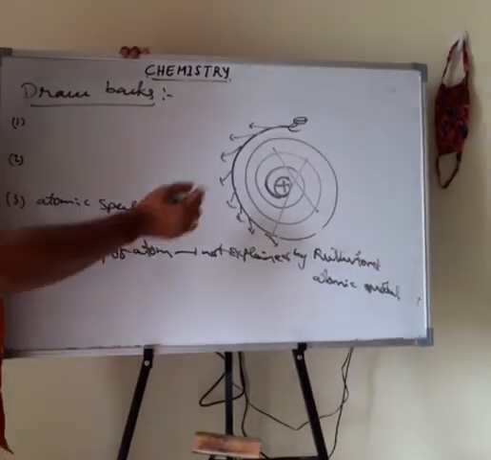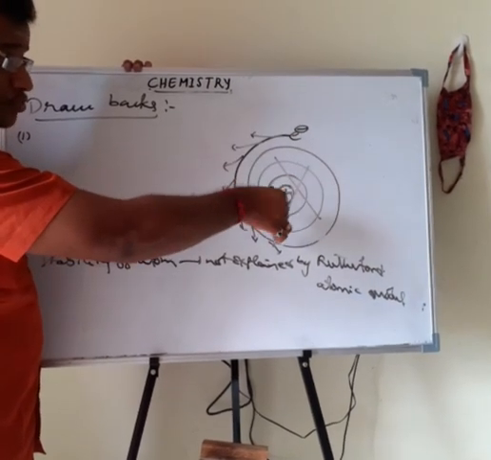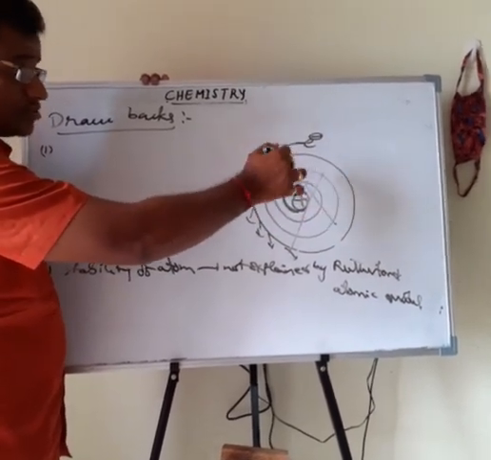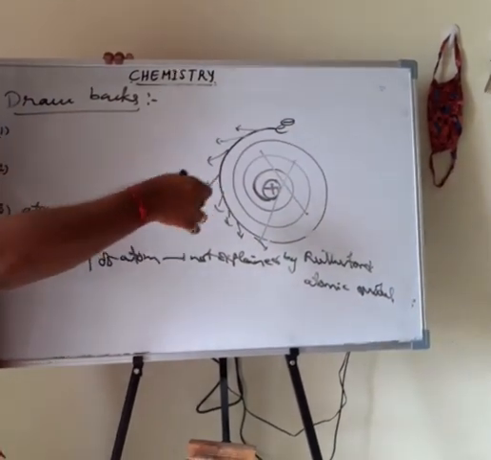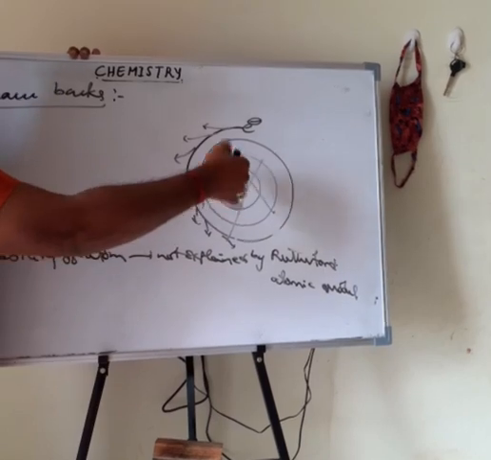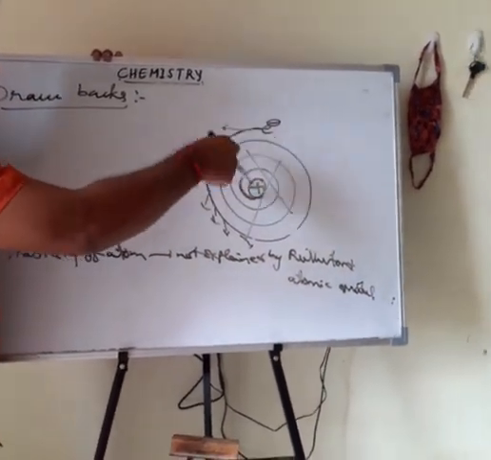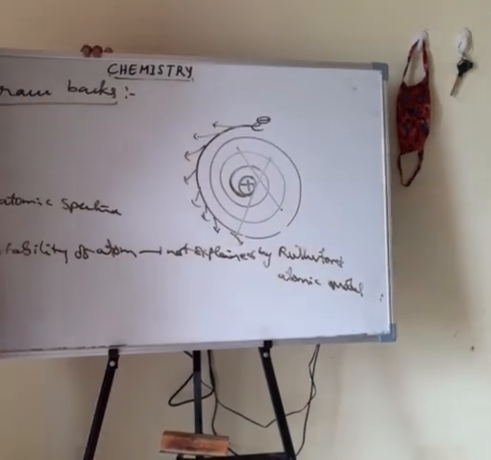Why? According to classical electrodynamic theory, any charged particle moving in a circular path emits energy continuously, finally moves toward the nucleus and falls into it. The atom should collapse. But here this type of energy radiation is not emitted by the particles.